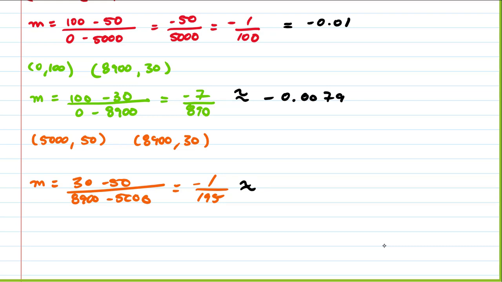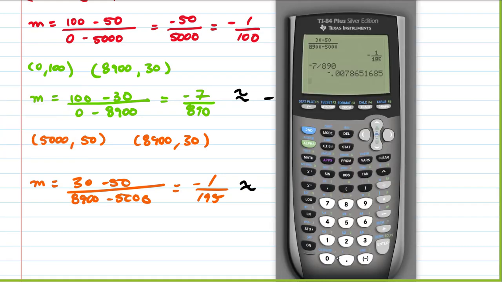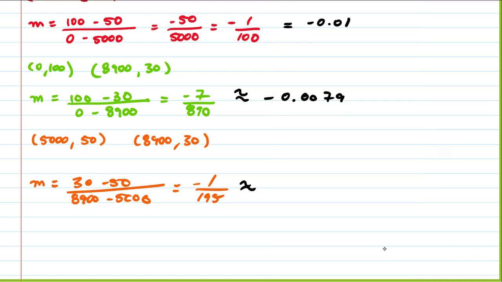And for our last one, if we go negative 1 over 195, we get negative 0.0051. So we notice all of the slopes for the different points are different, right? We have negative 1/100th, negative about 7.81 thousandths, and then 5/1000ths, approximately.